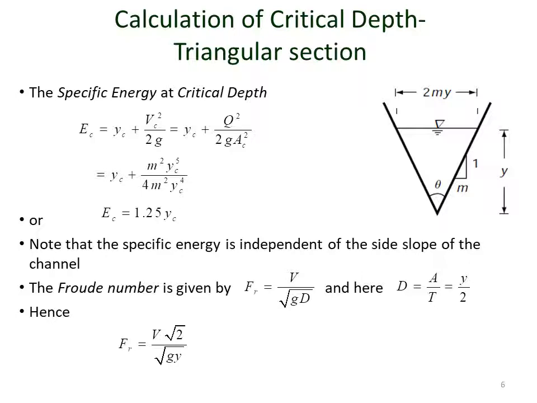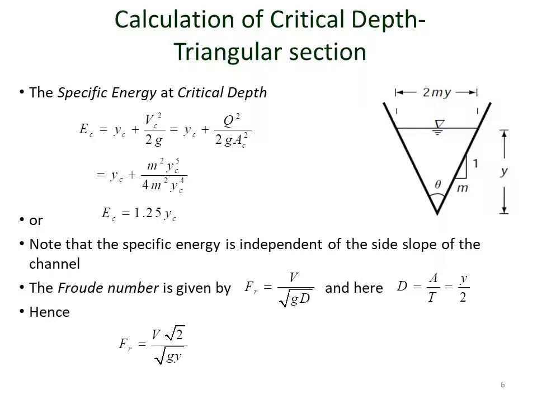So remember that the specific energy at critical depth for the rectangular channel was 1.5 times the critical depth. Here the specific energy is 1.25 times the critical depth. Note also that the critical specific energy at critical condition is independent of the side slope here. There is no small m in the expression of EC, so it's independent of the side slope.